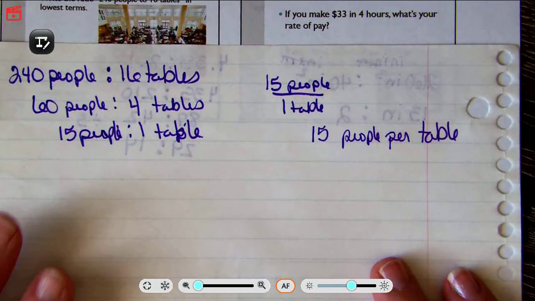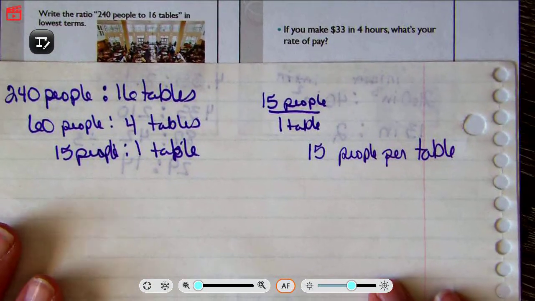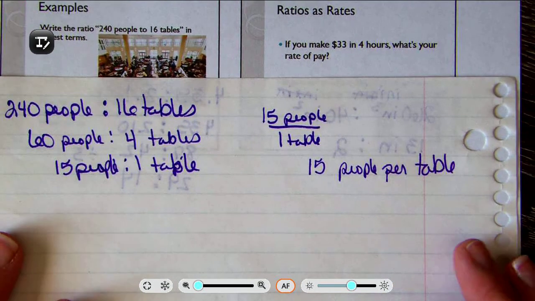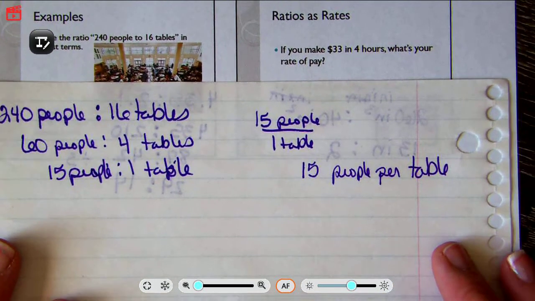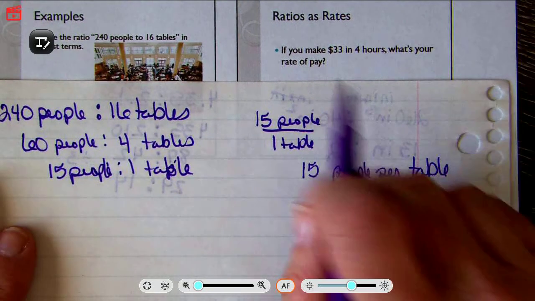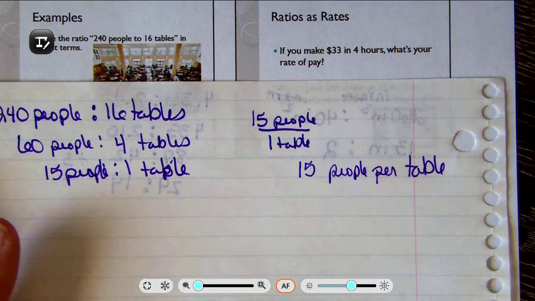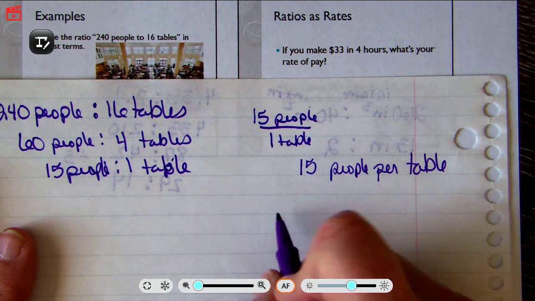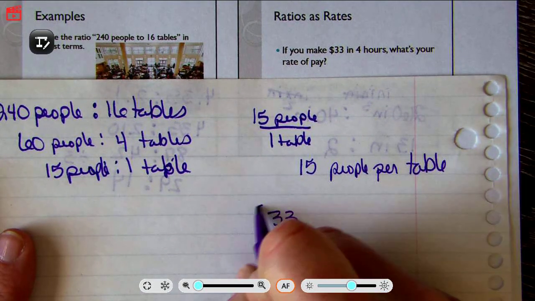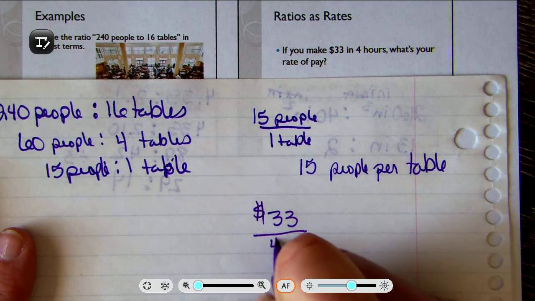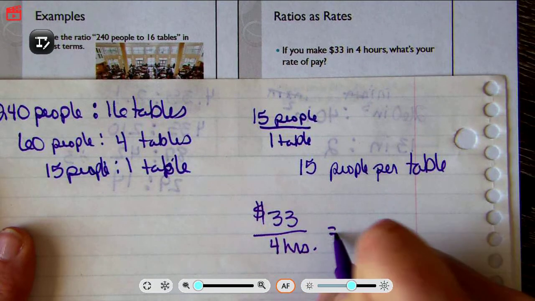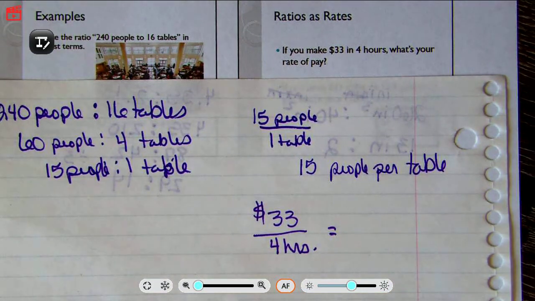And we see rates all the time in our cars, miles per hour, gallons per mile, things of that nature. Here, this one is $33 in 4 hours. I'm going to take the 33 and divide it by the 4.